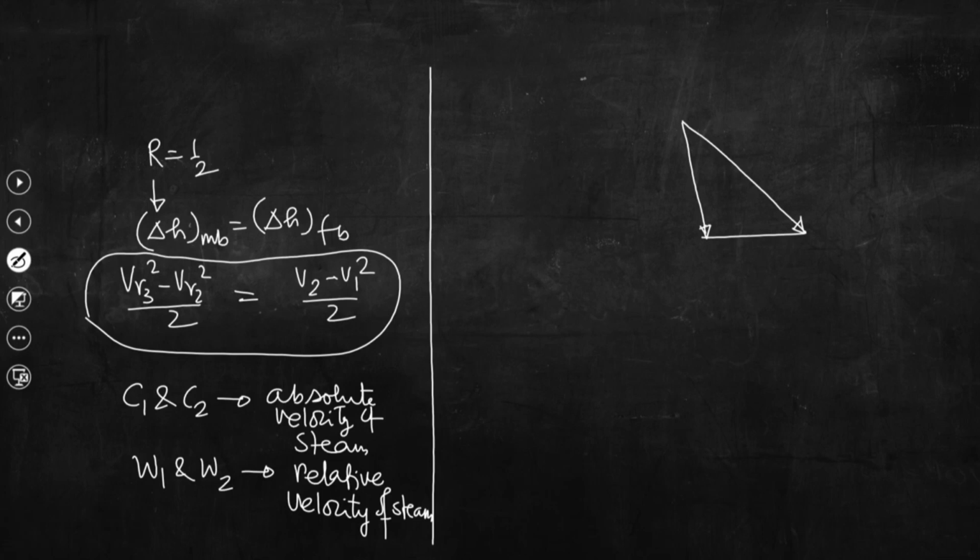Say this is the nozzle, steam is coming out, and this is the flow angle alpha. This is the blade angle beta 1, and the exit velocity triangle we will superimpose on this plane.